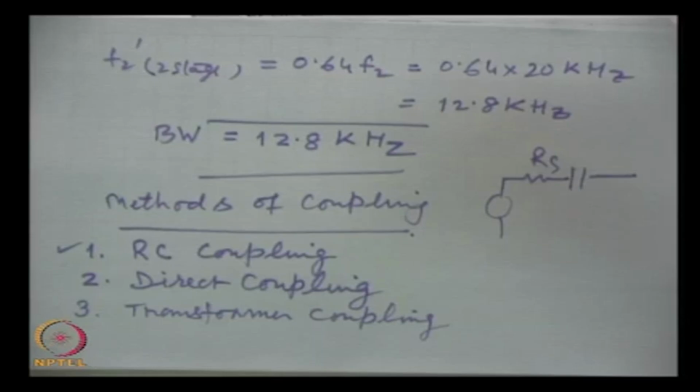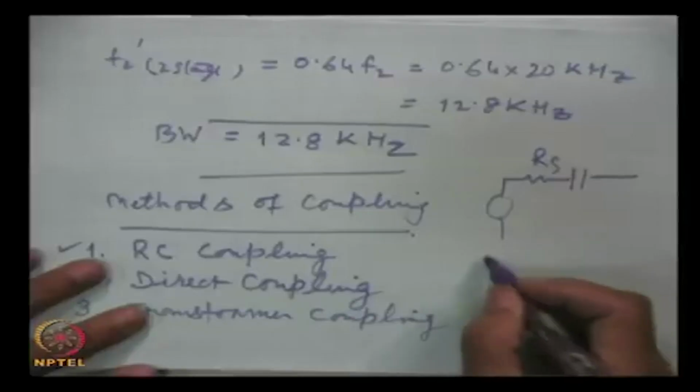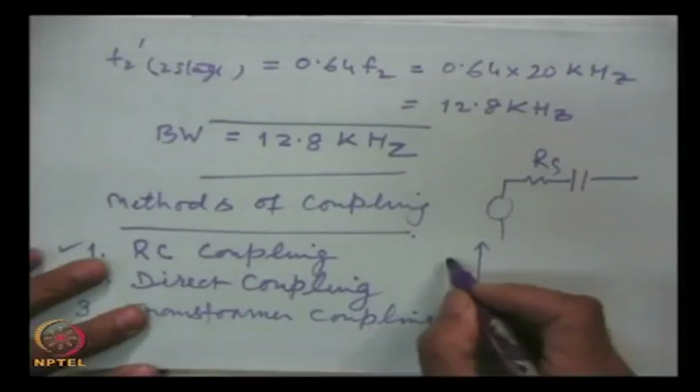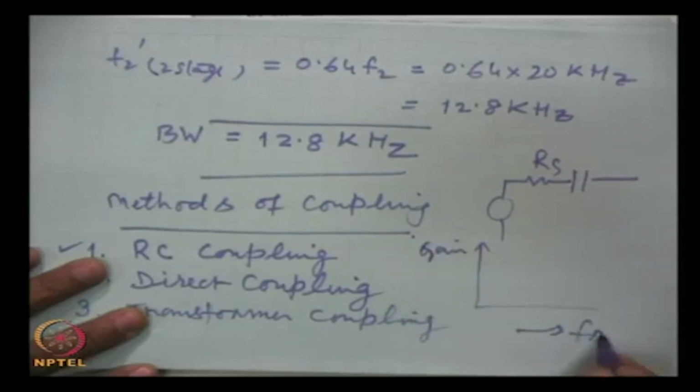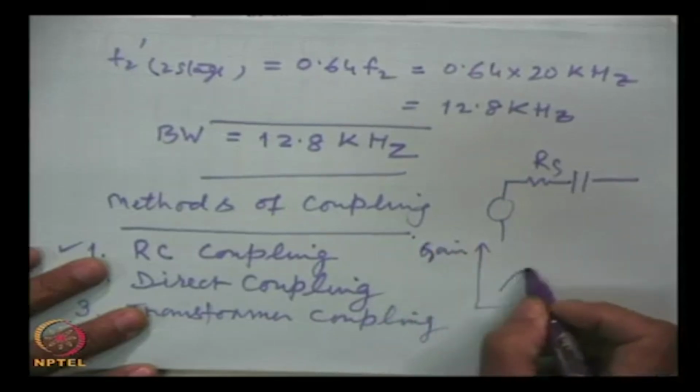RC coupling is very widely used because it is most convenient and integrable, but the only difficulty, as we have seen in our studies, is that it puts a restriction on the lowest frequencies which can be amplified. The graph for an RC coupled amplifier, gain versus frequency, goes like this.